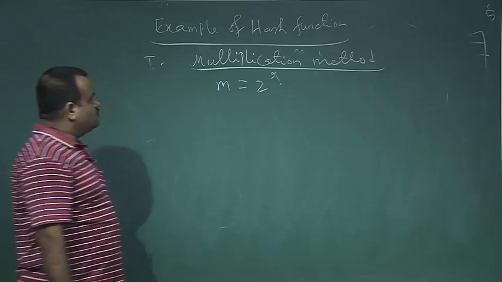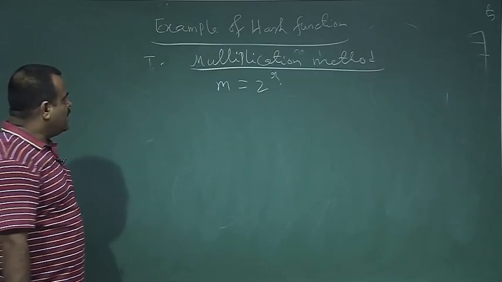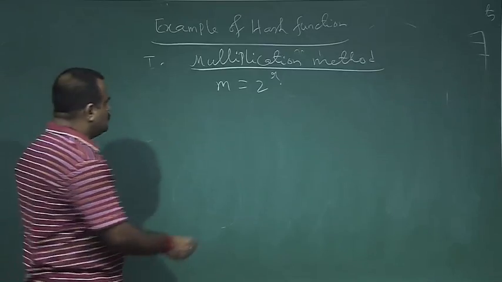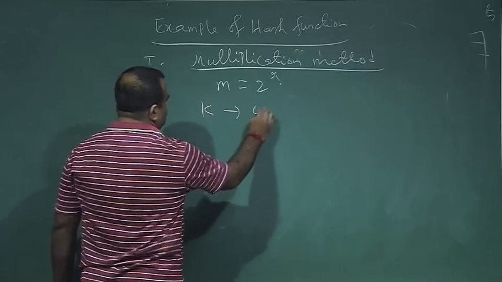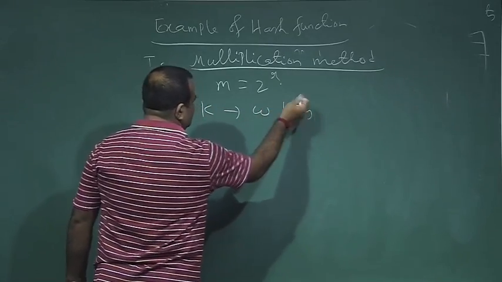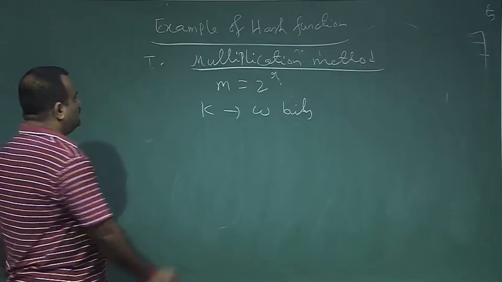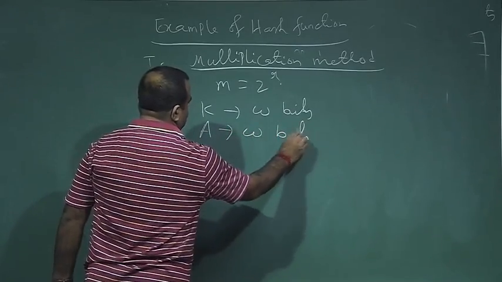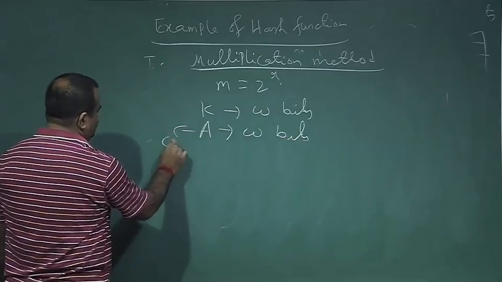So, we are taking m as 2 to the power r. Okay. And suppose our computer words are w bit, so our key is w binary bits. Now, we choose a constant a, which is also w bit. So, this is a constant we are choosing.